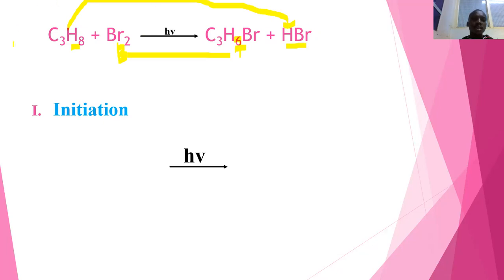So we can explain this equation using the phases that we said are involved in the mechanism of halogenation of alkanes.